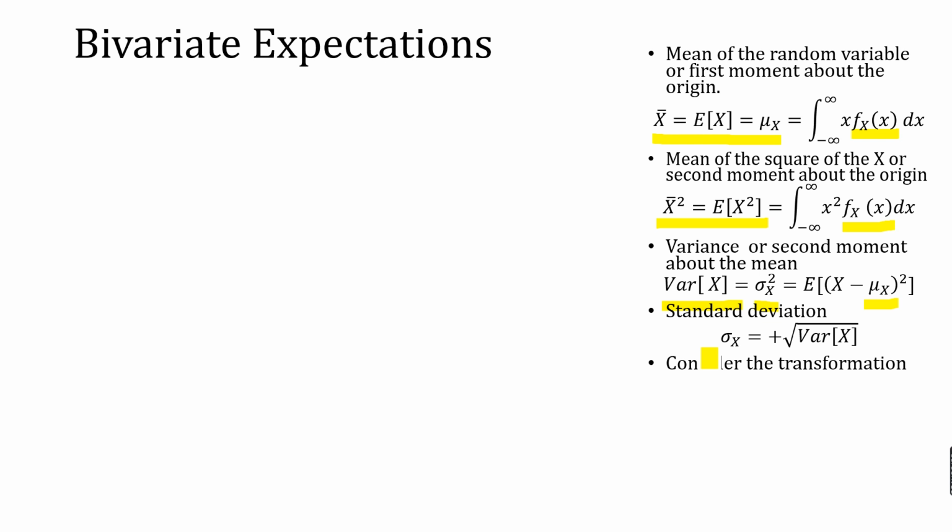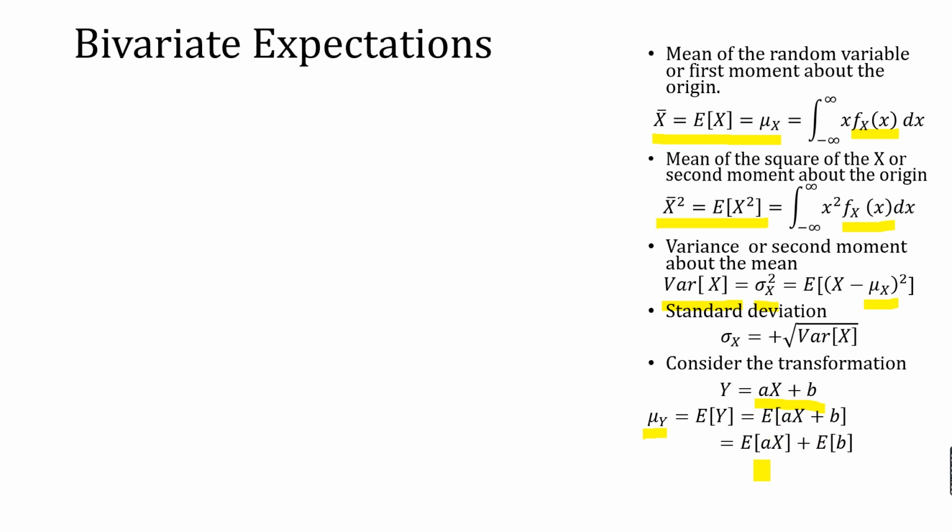And consider the transformation here. Y is one random variable, x is one more, and y is defined in terms of x here. Apply expectations on both sides. Expectation of y can also be denoted as mu of y. Expectation of ax plus b. Use the linearity property of expectations.